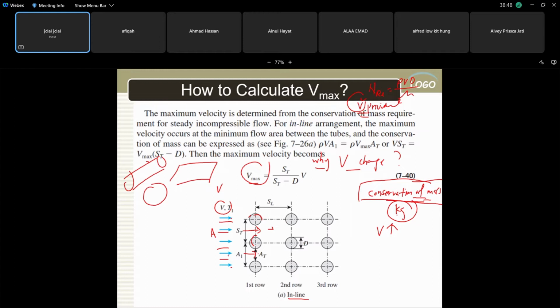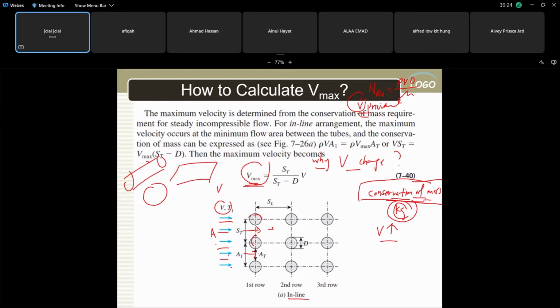So there is only one choice if you want to assume conservation of mass: when it flows past here, the V will increase. It flows faster. This is the principle. So that's why when we consider banks of tubes, when we calculate Reynolds number, we must use Vmax, because there is a change of velocity.